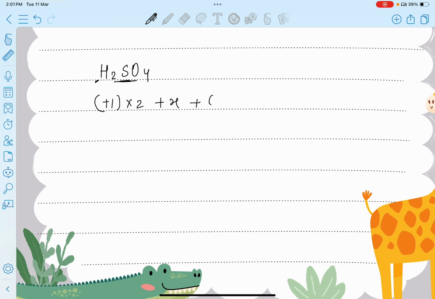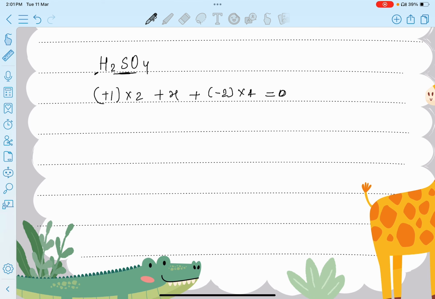And here all the oxygen is attached to the sulfur. So there is no peroxide, and in general oxide the oxidation state of oxygen is -2 multiplied by 4 oxygen, and the sum of the oxidation state of each element in a compound is 0.